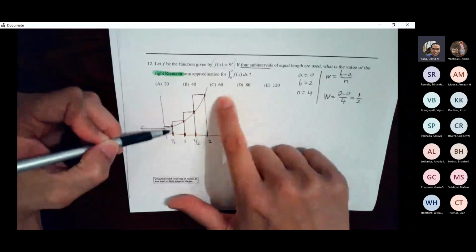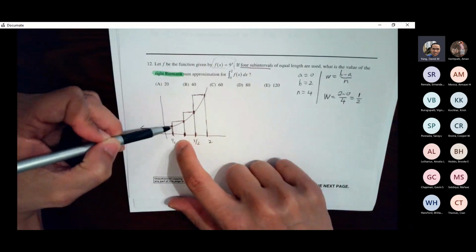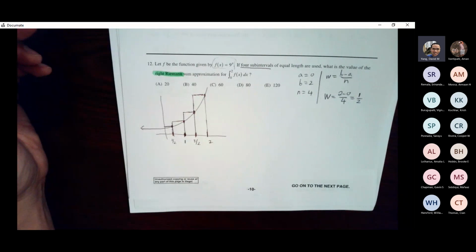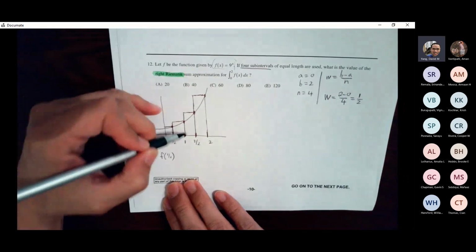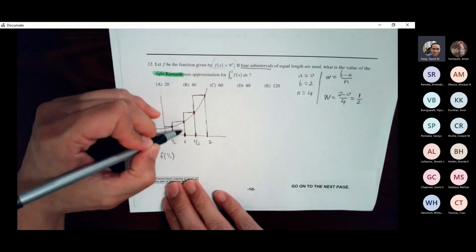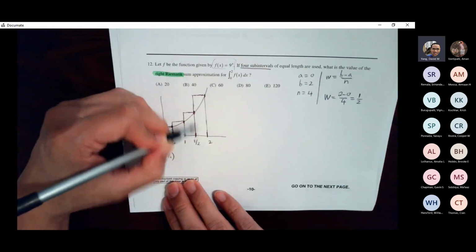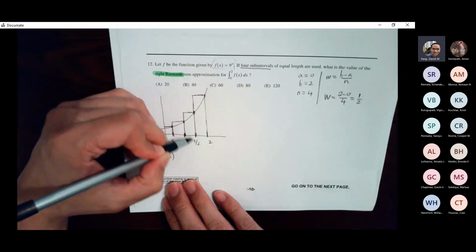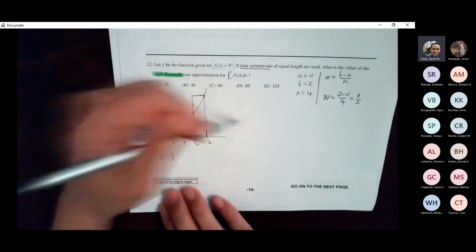The height is going to be the x values attaching it to the curve. So f of 1/2 is the height of my first rectangle. f of 1 will be my second rectangle. The height of my third rectangle will be f of 3/2, and the height of my fourth rectangle is f of 2.